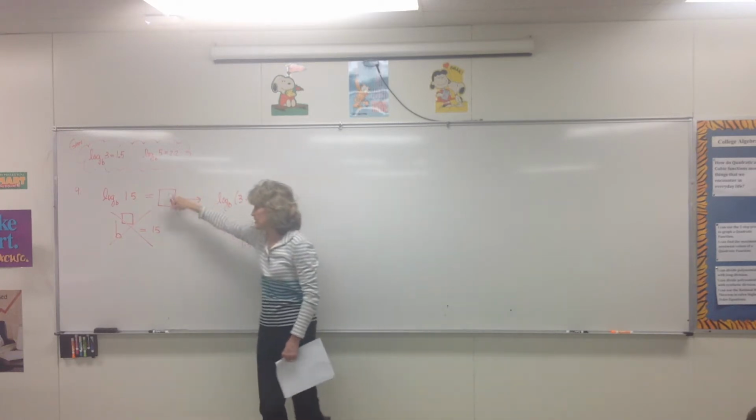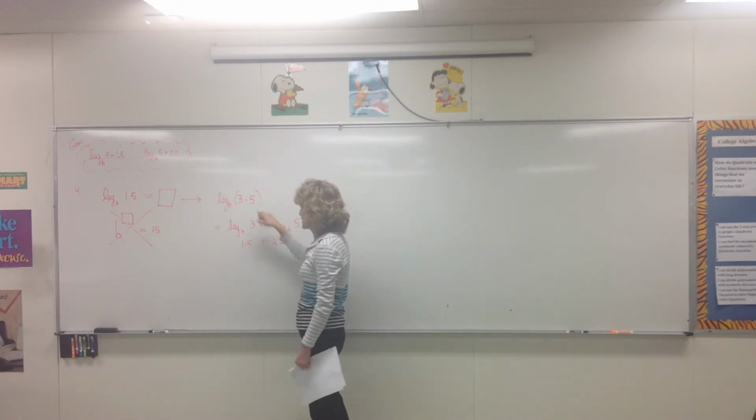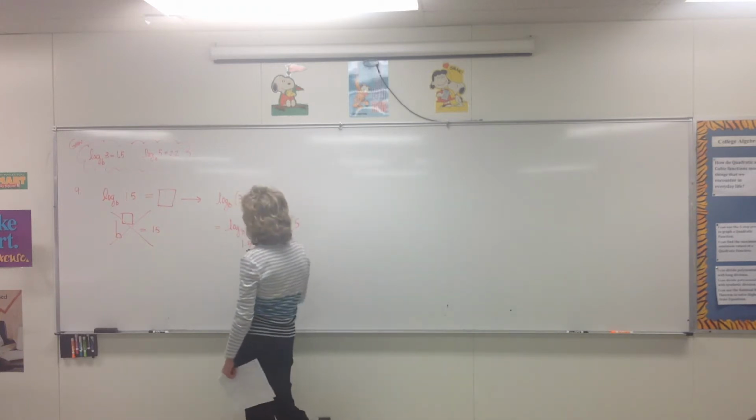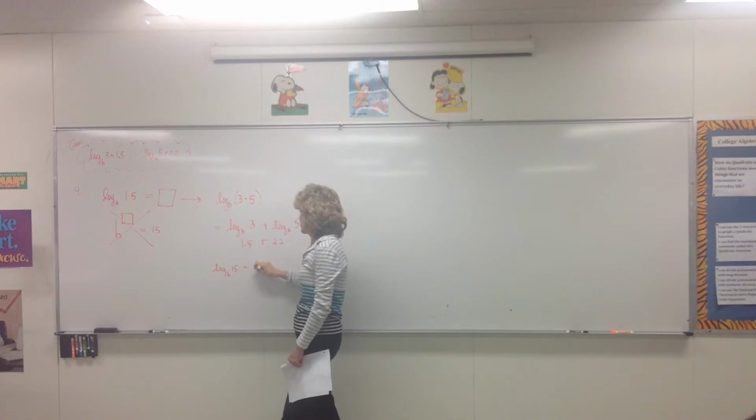I couldn't get a value going the other way, but using the information I'm given, I can come up with a value for log base B of 3 times 5, log base B of 15. Log base B of 15 equals 3.7.